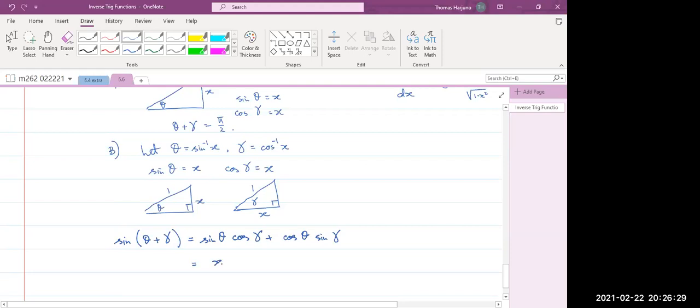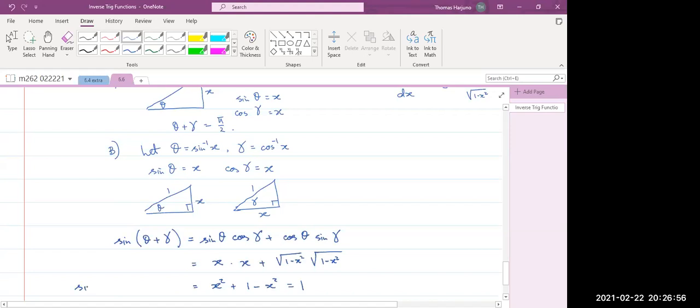Sine theta is x over 1. Cosine gamma is also x over 1. Cosine theta is square root of 1 minus x squared. Sine gamma is square root of 1 minus x squared. So I get x squared plus 1 minus x squared equals 1, whatever the x.